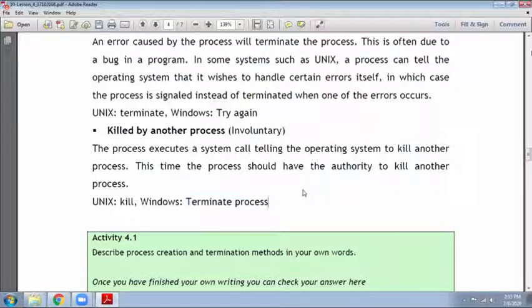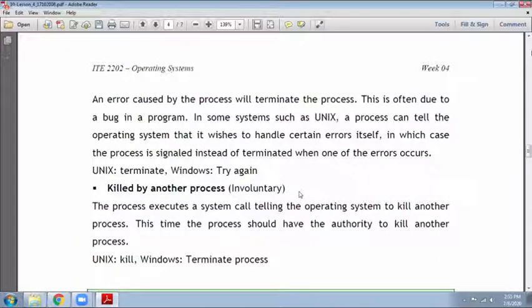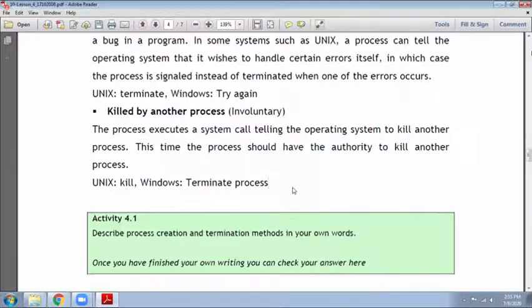Okay, is it clear up to now? So this is about process creation and process termination. We have four types of process creation, four types of process termination. So here are some activities for you to understand more. Describe process creation and termination methods in your own words. Once you have finished your own writing, you can check.